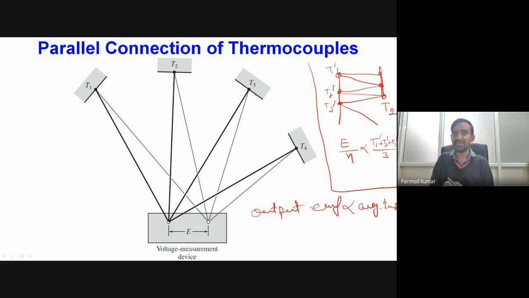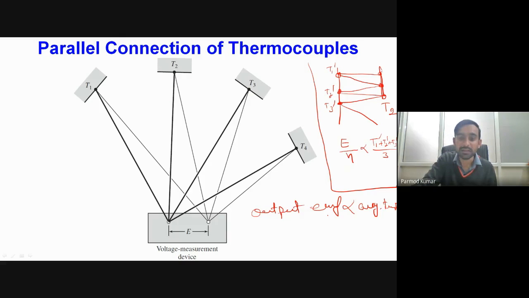Another means of obtaining the average temperature is by using the thermopile-like connection, where the reference junction will be maintained at the same uniform temperature at each and every junction point. However, the unknown junctions will be having different temperatures. So whatever output we get, if we divide that output by the number of junction points, that will be proportional to the average temperature of these unknown junctions.